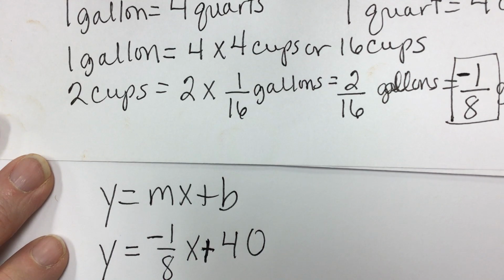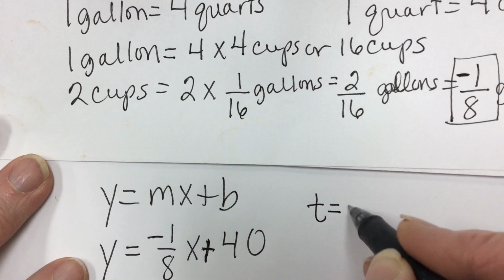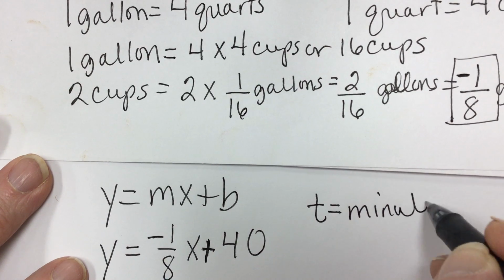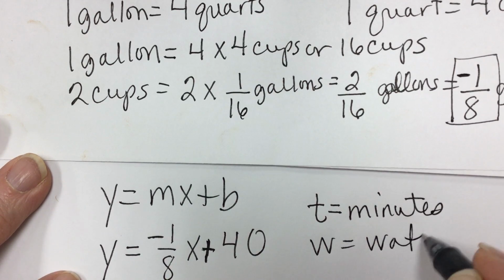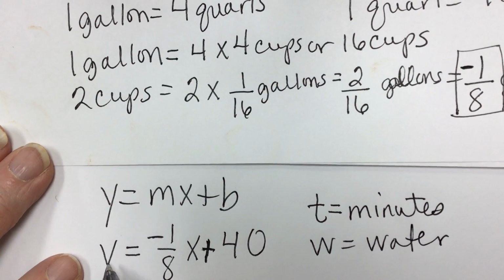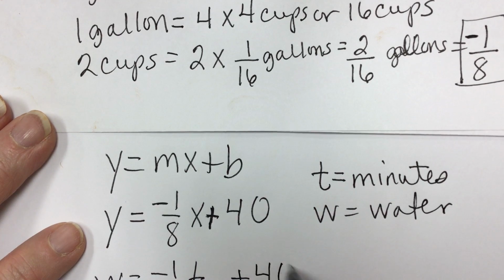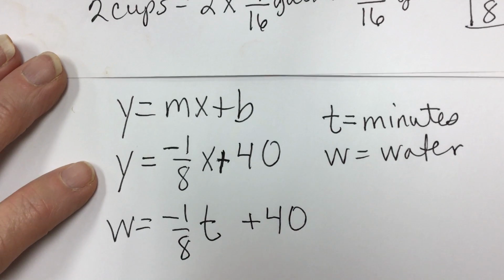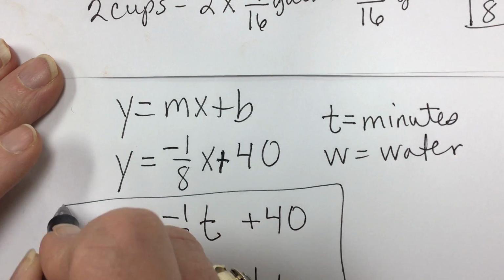Now, if we use t instead of x's and y's, t for the number of minutes and w for the amount of water, w will go in the place of y. So I have w is equal to negative 1/8 times t plus 40. We could also write this, w equals 40 minus 1/8 t. These two are the same.